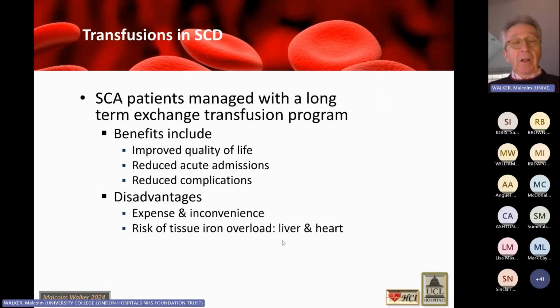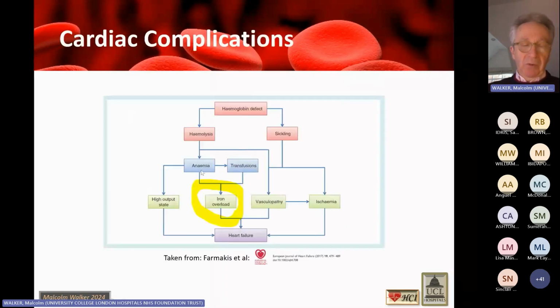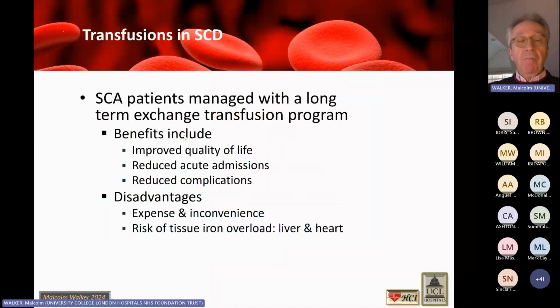In our hospital, a huge proportion, and I suspect elsewhere also now, of sickle cell patients have long-term transfusion programs, which, certainly from a non-hematologist looking after these patients, can have a dramatic effect on quality of life: reduced admissions, reduced complications, fewer sickling crises.